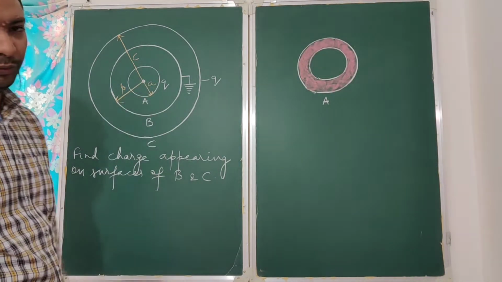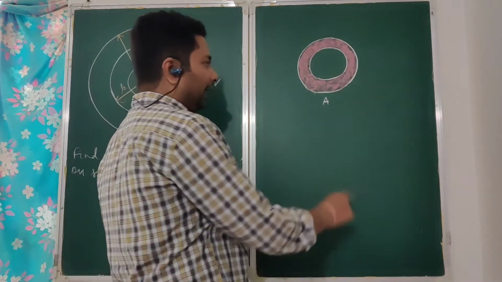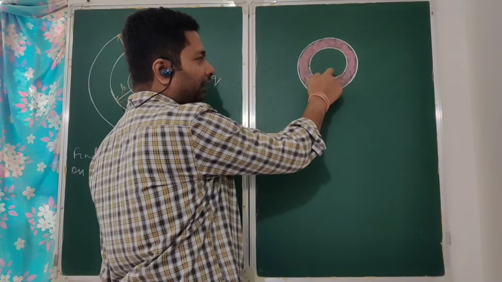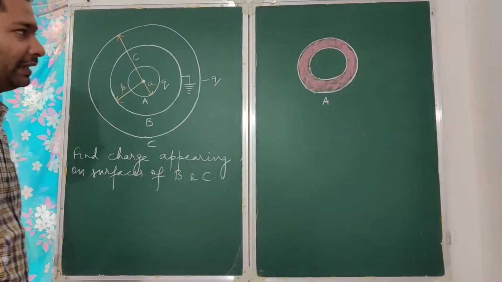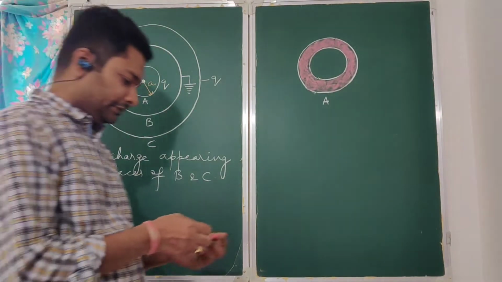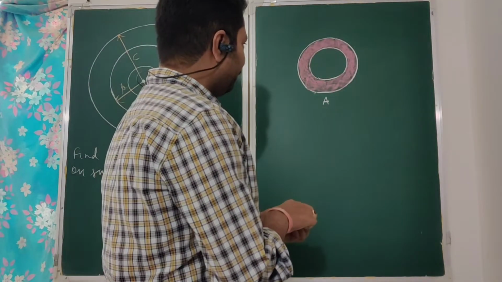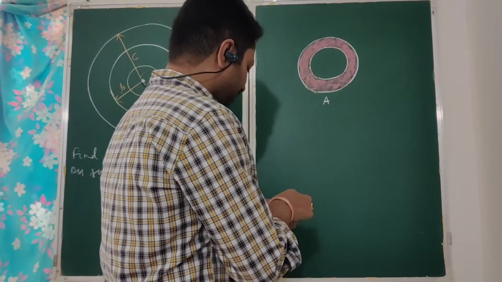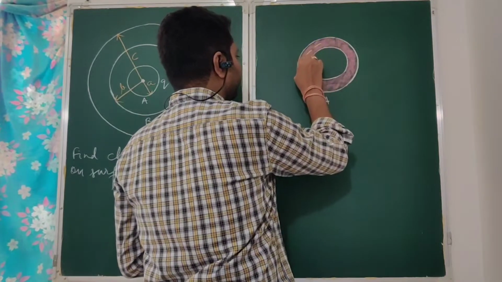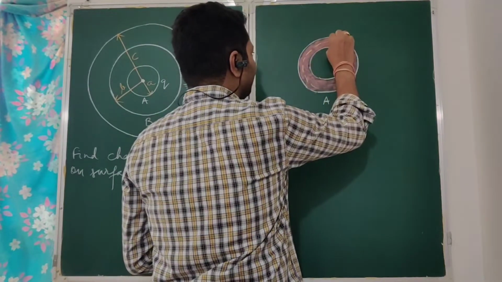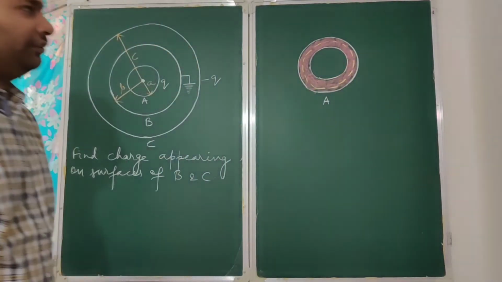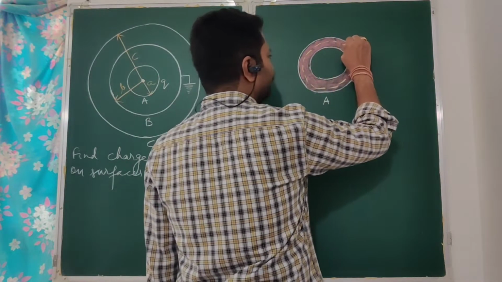Now there are two options. Either Q can reside on the outer surface of A, or it can reside on the inner surface of A. Let us try to see what is going to happen. Now we draw a Gaussian surface which is just inside the outer surface, somewhere here.